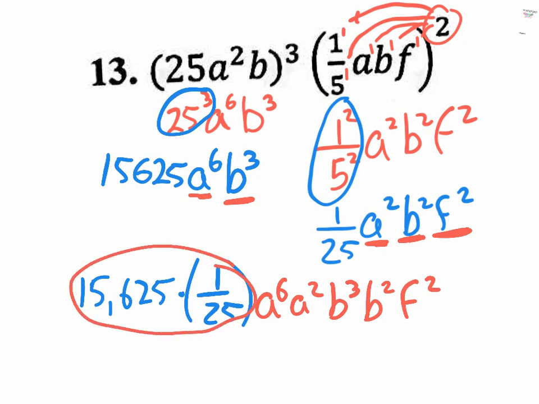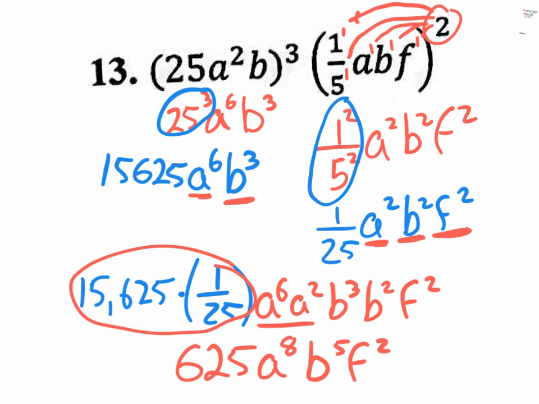Divide by 25 or multiply by 1 over 25. If you divide by 25, you get 625. Final answer, 625 a to the 8th, b to the 5th, f to the 2nd. That's your final answer for 13. I'm going to try to avoid these ridiculously huge numbers on the quiz tomorrow.